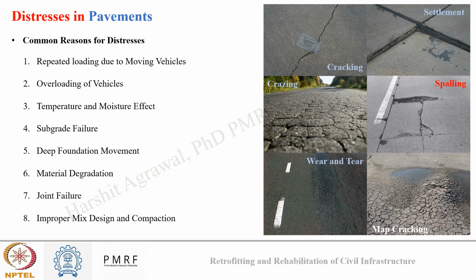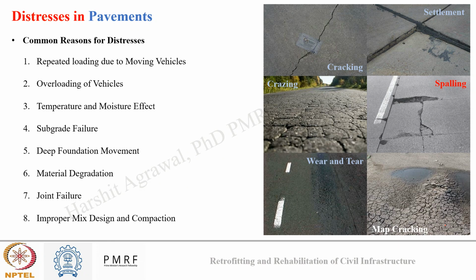Sixth is material degradation, which again lowers the ultimate load carrying capacity and can be critical in both bituminous and concrete pavement. Seventh is joint failure, which results in stress concentration and can provide an easy pathway for critical failure. Finally, we have improper mix design and compaction, which again lowers the strength and stability of the pavement.